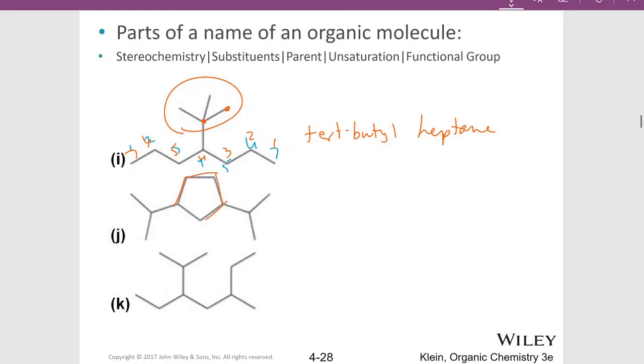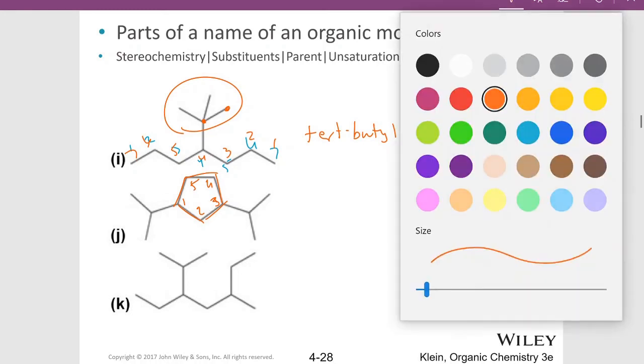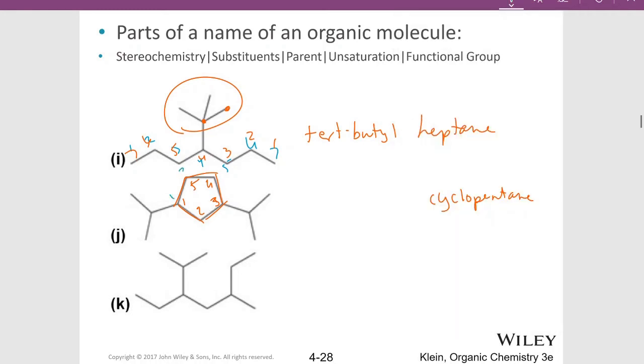The next molecule, I have a derivative of cycloalkanes as my parent. And so it doesn't matter if I start numbering here or here. I could call either of those carbon 1, but I want to give the second one the lowest number. So let me go 1, 2, 3, 4, 5. So what I wouldn't do is 1, 2, 3, 4, 5, right?